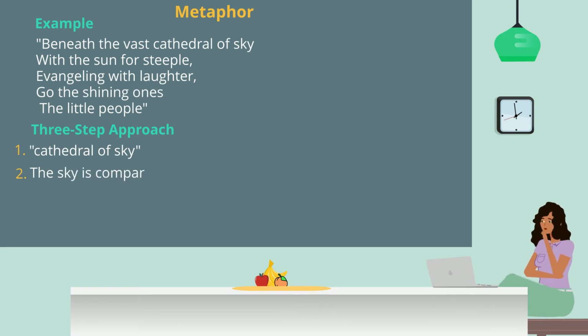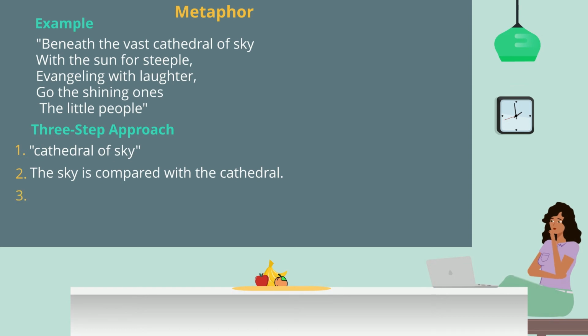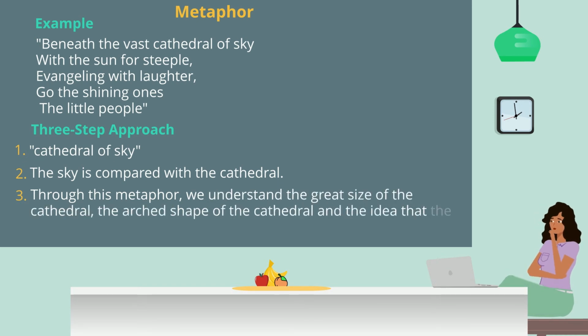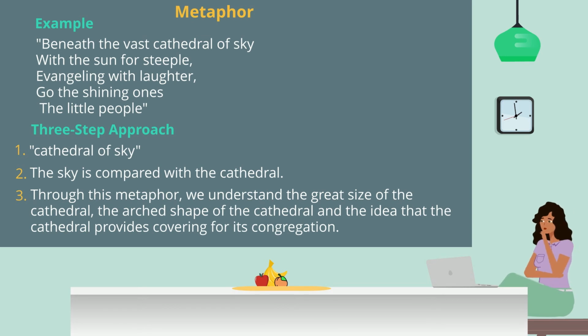The sky is compared with the cathedral. And step 3. Through this metaphor, we understand the great size of the cathedral, the arched shape of the cathedral, and the idea that the cathedral provides covering for its congregation. This metaphor has powerful visual appeal.